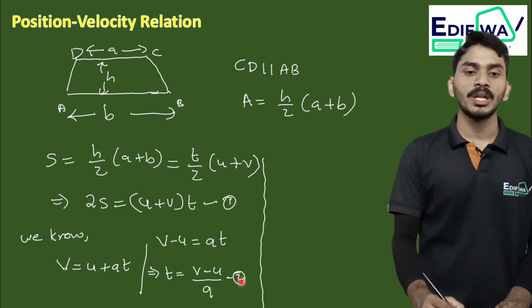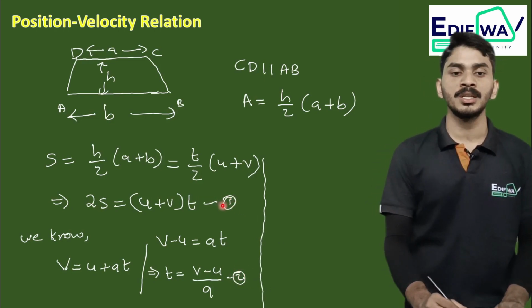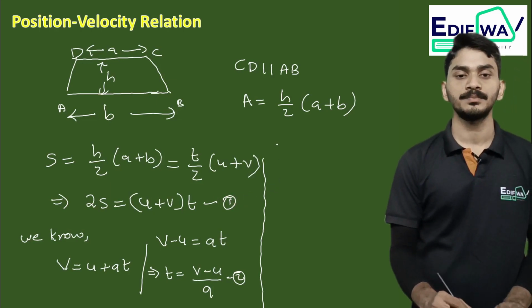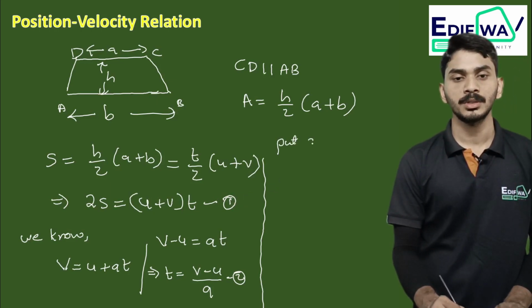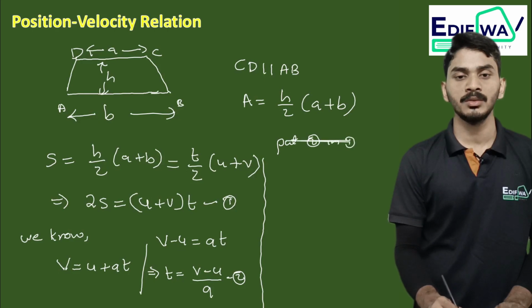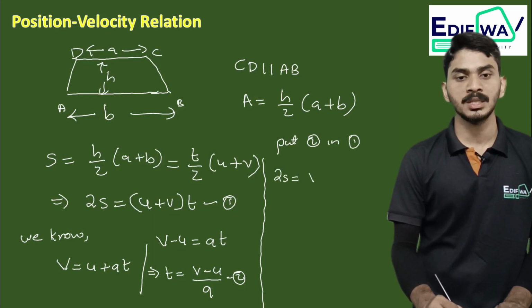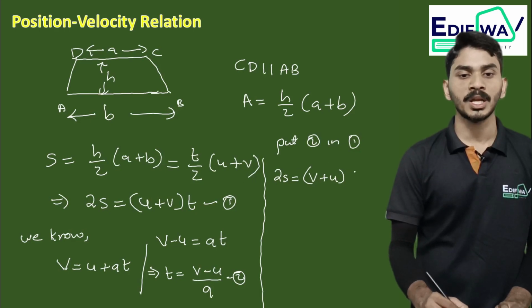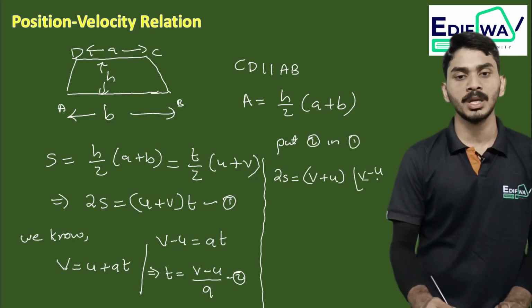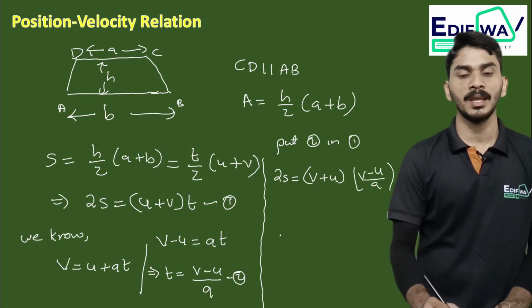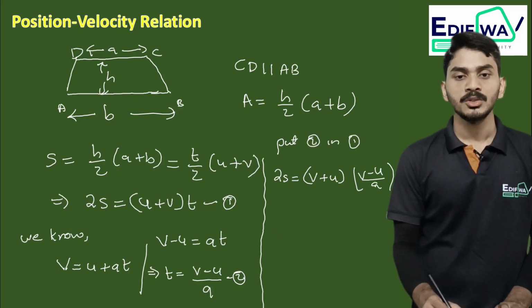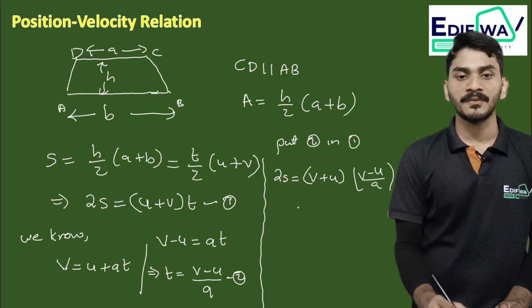Clear? Now let's substitute the second equation in the first one. So put 2 in 1. So you get 2S is equal to V plus U into. What about time? The time is V minus U divided by A. So let's take this A to the left hand side.